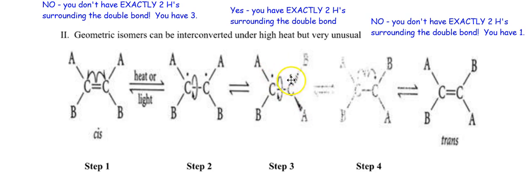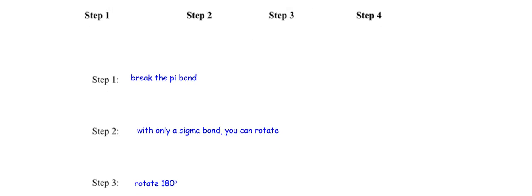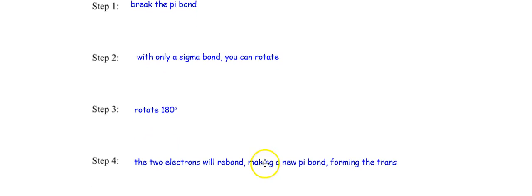Well, what do you think these two electrons are going to do? Those are still 2 pi electrons. They're not being used in the sp2 hybridization. So those two can rebond, making a new pi bond and then forming the trans.